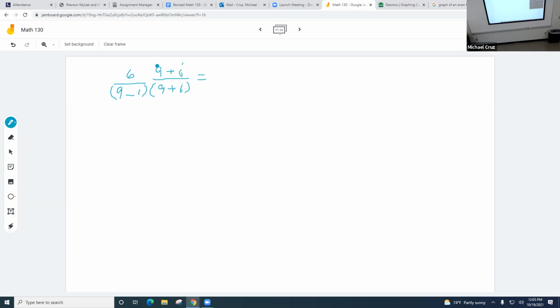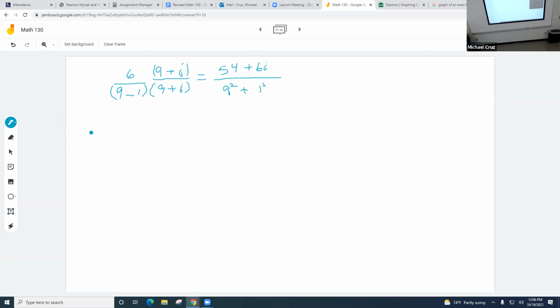So up at the top, it's 6 times 9, so it's 54, plus 6i. And then down here, remember, this is the difference of squares. The reason you multiply by the conjugate is that you end up with a positive number down there. What you end up with is 9 squared plus 1 squared.